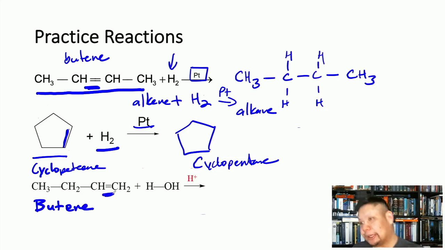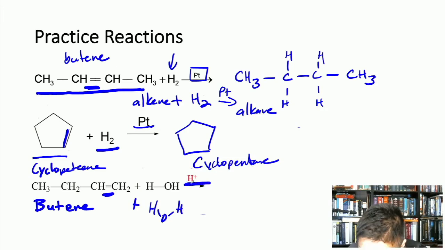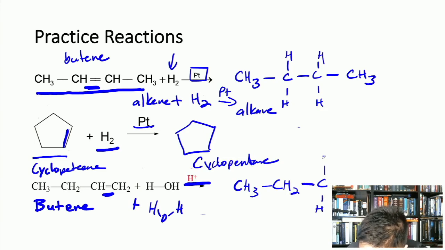But as far as this reaction goes, it doesn't matter because it's plus water in the presence of very strong acid. What do we get? We'll get CH3, CH2, CH2 again. I drew it out that way so you see that it's different now, right?